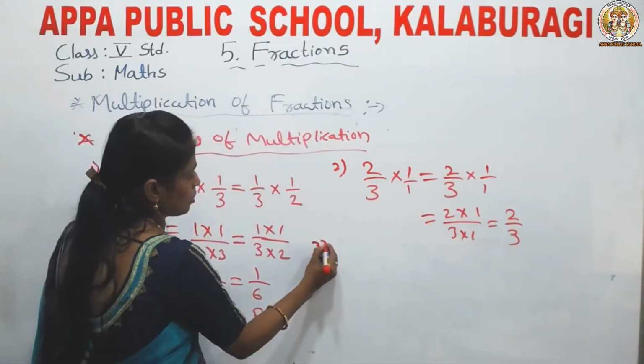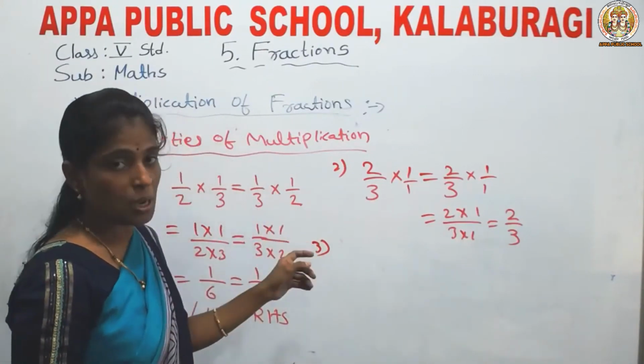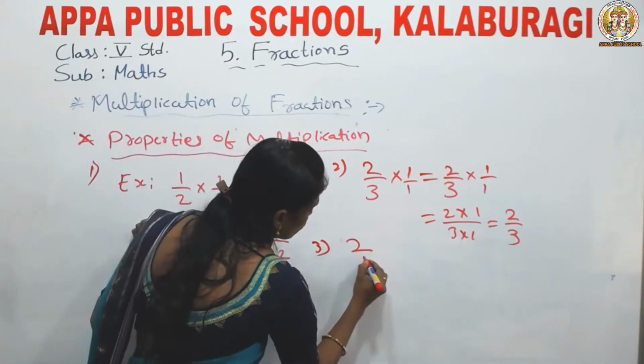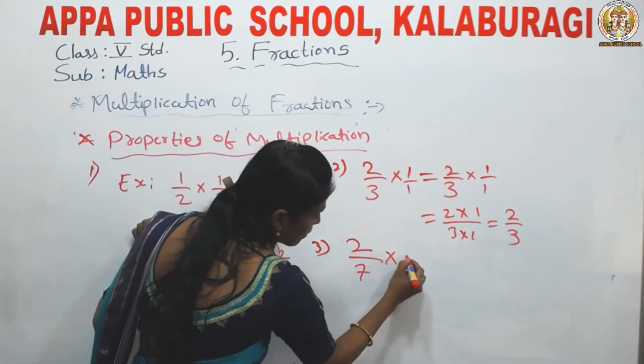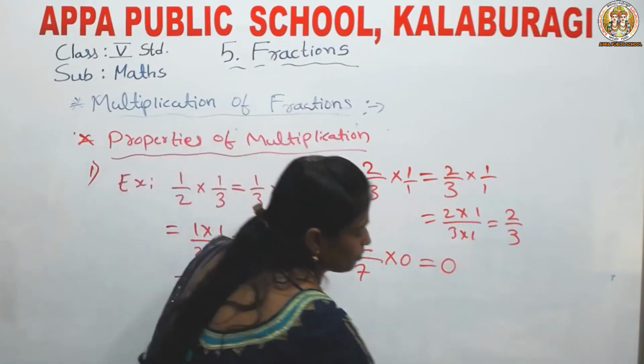Next, a fraction multiplied by 0 gives 0. That is, 2 by 7 multiplied by 0 gives 0. How? See here.